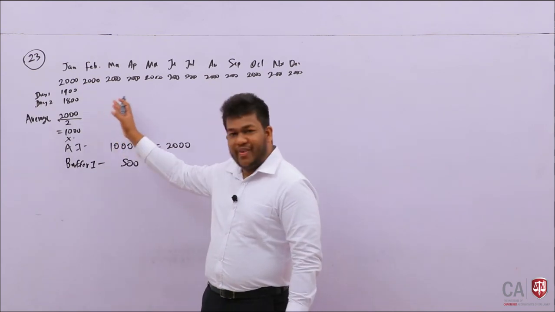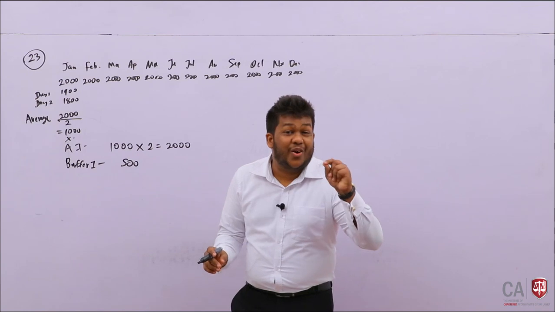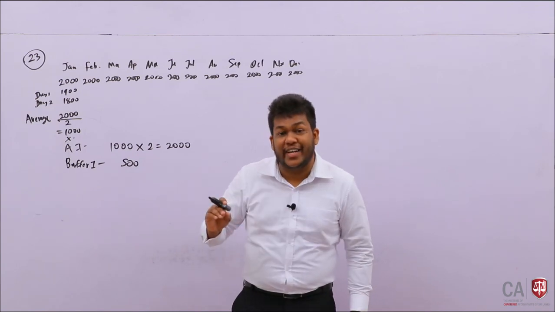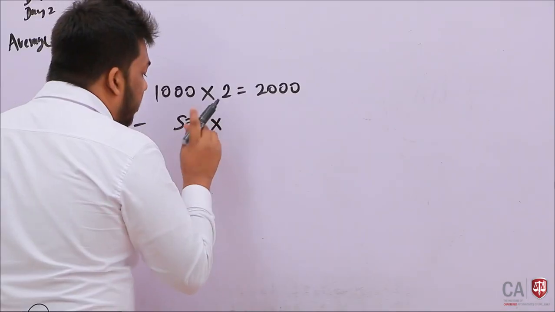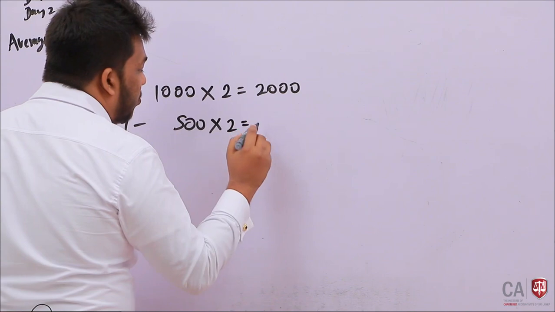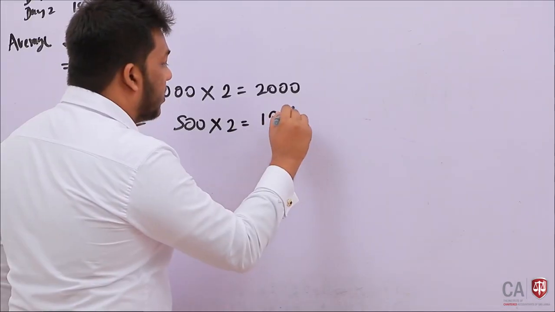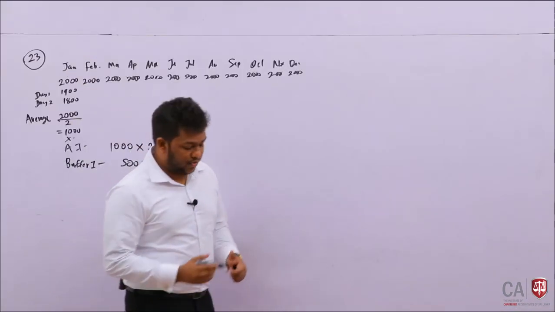Doesn't matter January, February, March, everywhere buffer inventory is there. So normally 1500 of inventories will be there in the company on average throughout the year. So for the buffer 500, into 2, that is 1000. So total cost of holding is 3000.